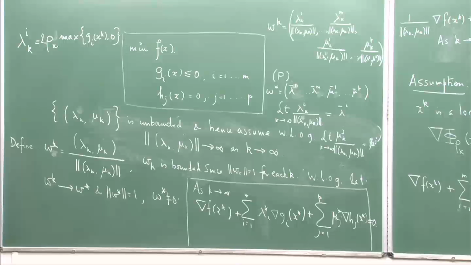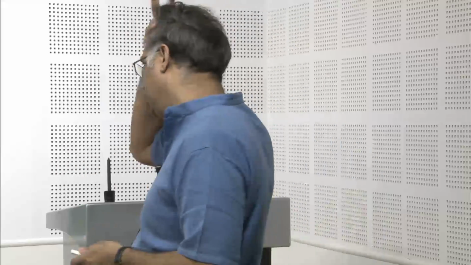So the sequence itself cannot be bounded. That is the very important thing: if a sequence is bounded, then all the subsequences inside it have to be bounded. There cannot be an unbounded subsequence inside a bounded sequence, right. So, which means rho_k is bounded.